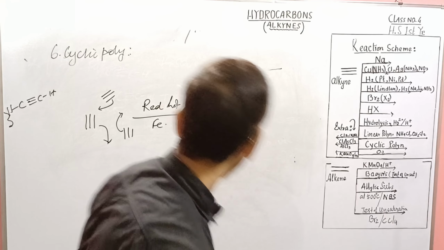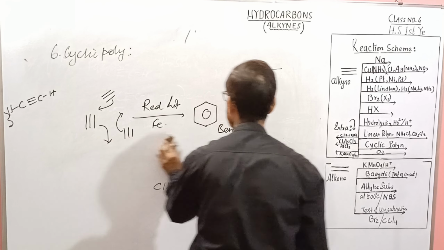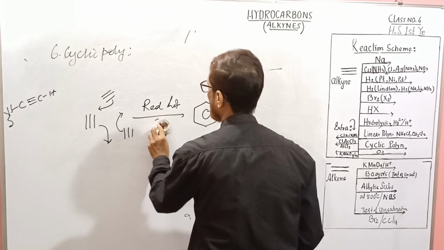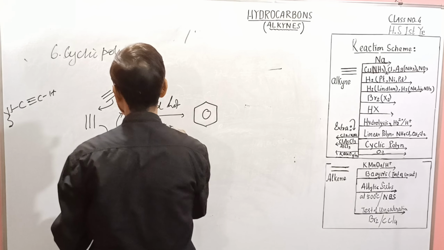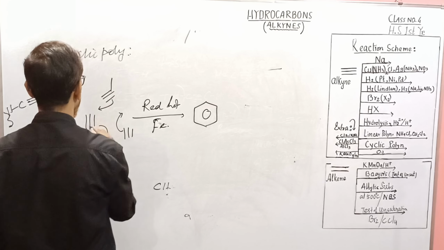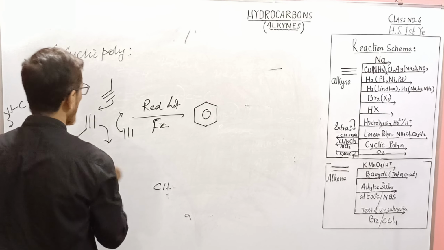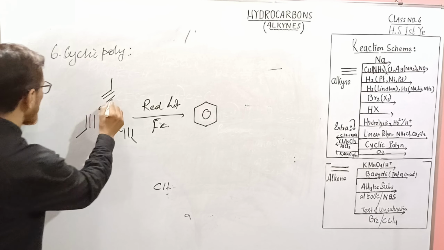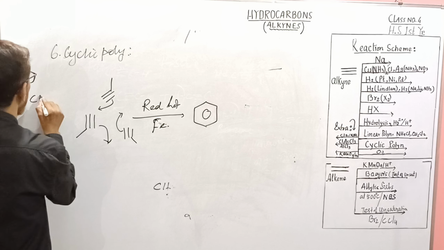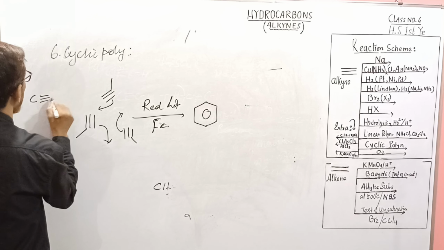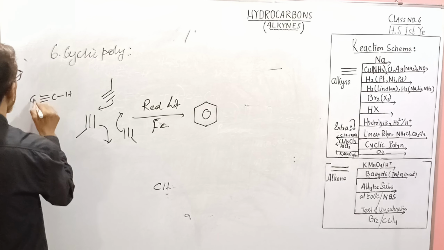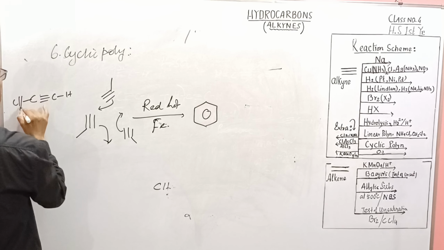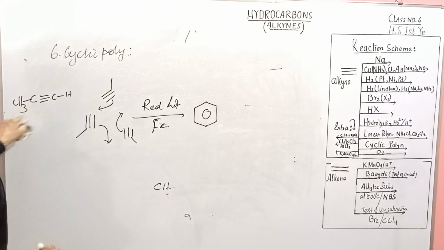So now, say in one part, one methyl group is there. This structure is actually C triple bond CH, and here one CH3 is there. That is propyne.